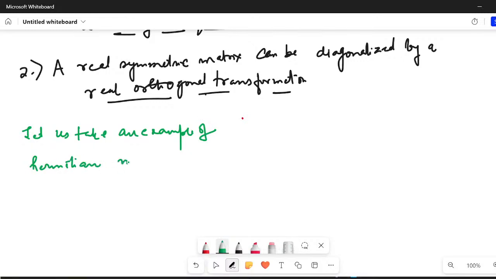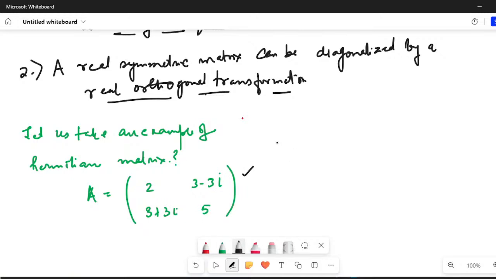Let us take an example of a Hermitian matrix. The example is, let us say, A is equal to 2, 3 minus 3i, and then it is 3 plus 3i here, and here it is 5. It's quite easy to see that this is a Hermitian matrix. Clearly you can see that A dagger is equal to A.